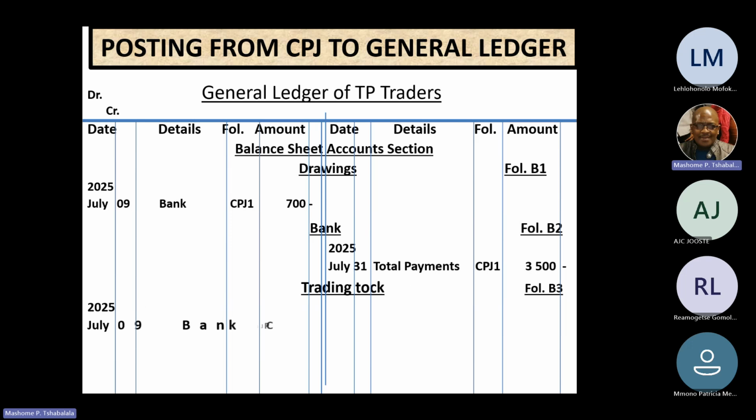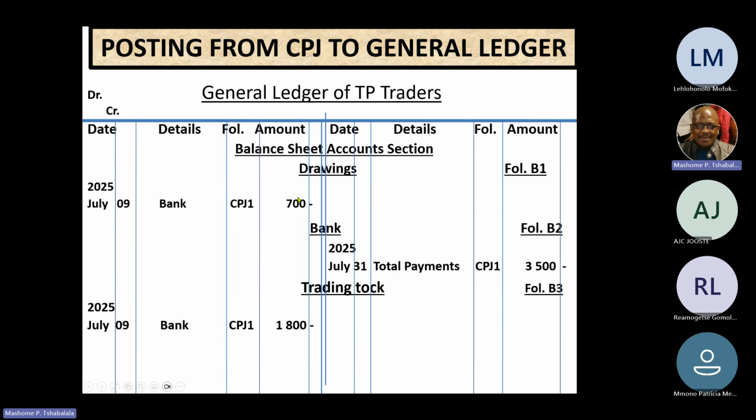Then we have the trading stock account. On the trading stock account, we'll be having the total amount that was paid for trading stock. It is 1,800. Remember, learners, this drawings of 700 and the trading stock of 1,800 were added in this 3,500 of total payments. They are already included in this 3,500.